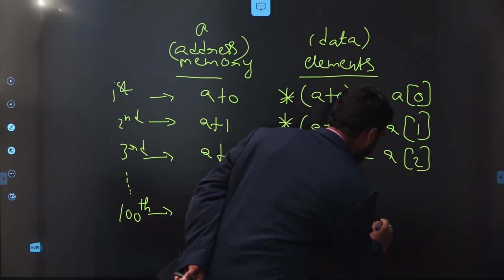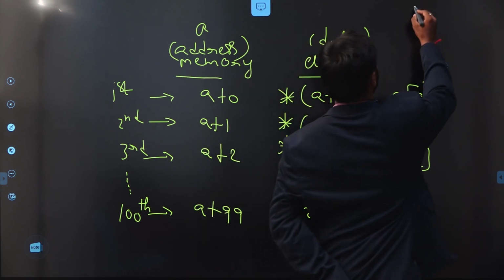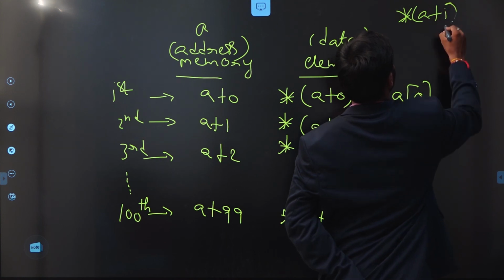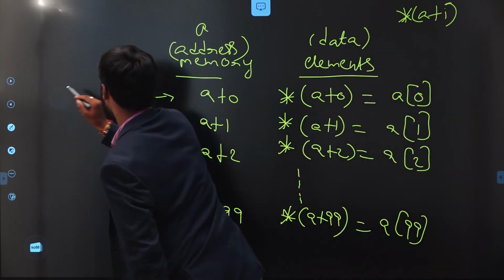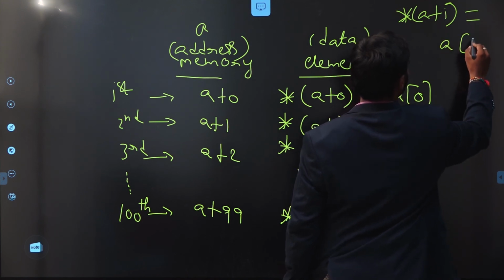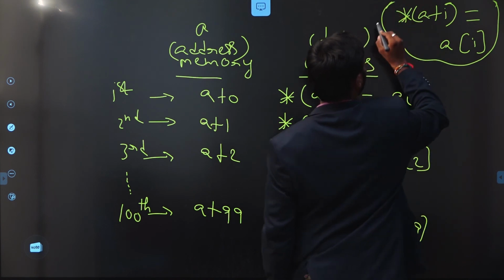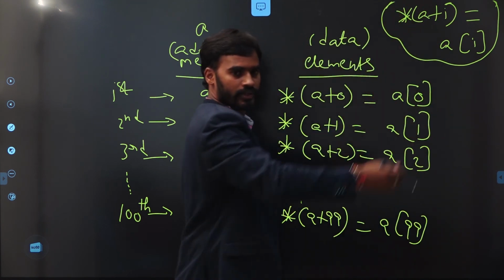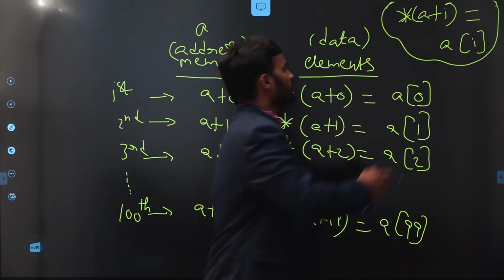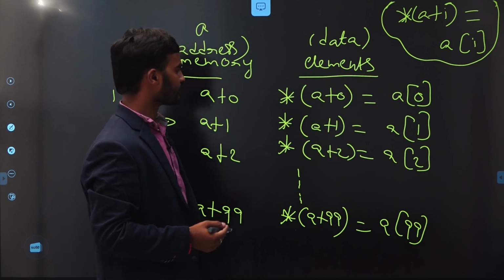So generally the formula is star A plus I can be written as A of I. This is the formula you should remember. We will use this formula in a number of discussions hereafter. Remember this formula: star A plus I is the same as A of I.